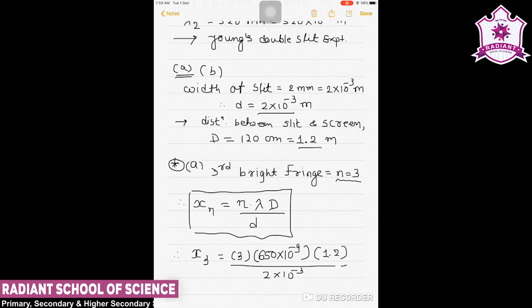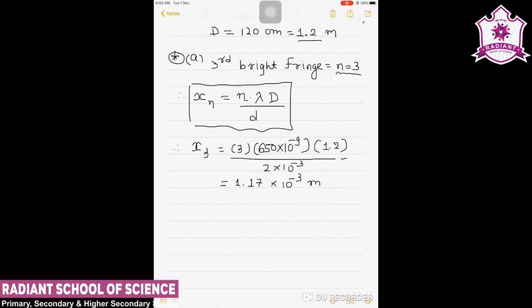So when we simplify, it will come out to be 1.17 into 10 raised to minus 3 meter. So the solution is that the third bright fringe will form at 1.17 millimeter away from the central maximum.